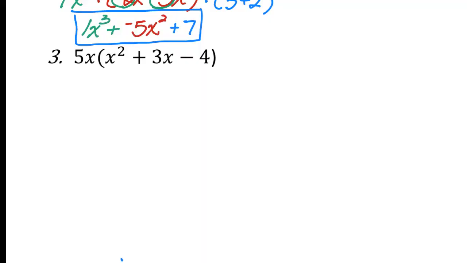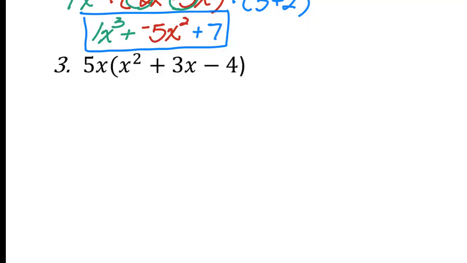So yes, we are distributing, we are multiplying. And since I have no room on top, it would be like this. And so I have to multiply 5x times x to the second. Remember, you're saying how many x's do I have? So this is 5 times x to the what power?